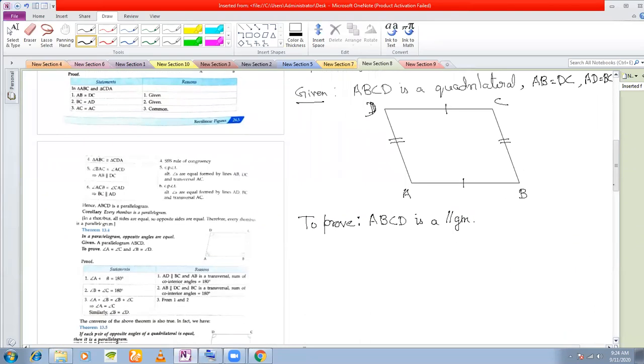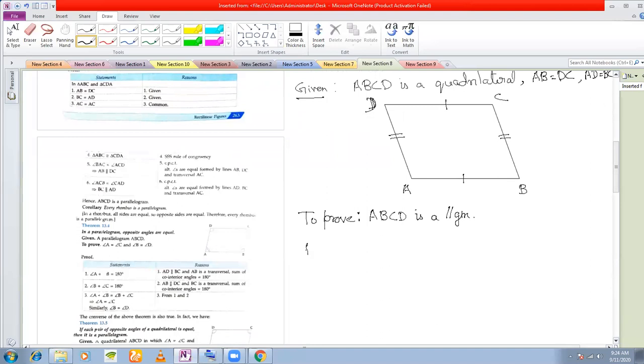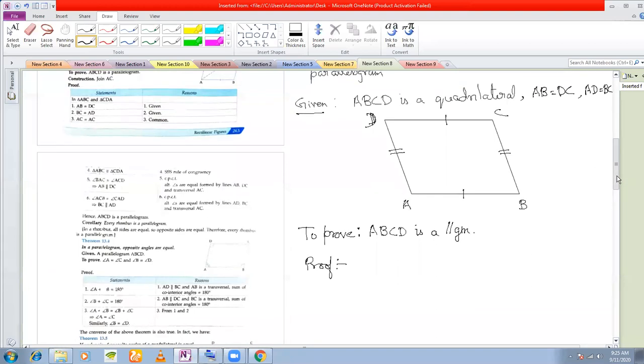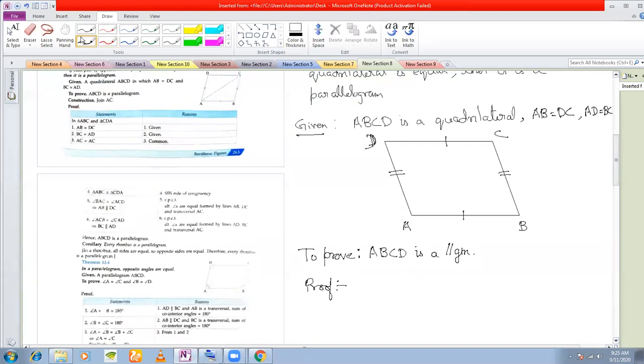How do we proceed with the proof? Before writing, let's see how we can proceed. Again here, what you do is you join the diagonals. You first write join AC.